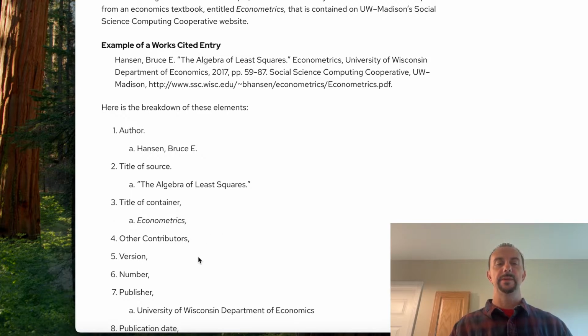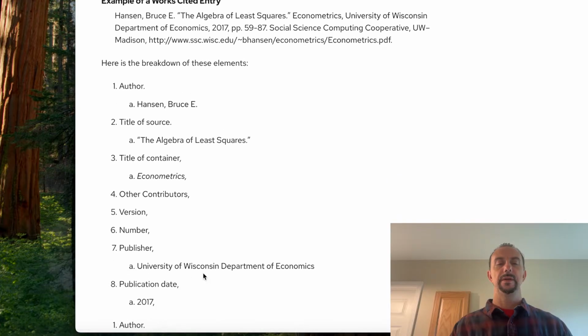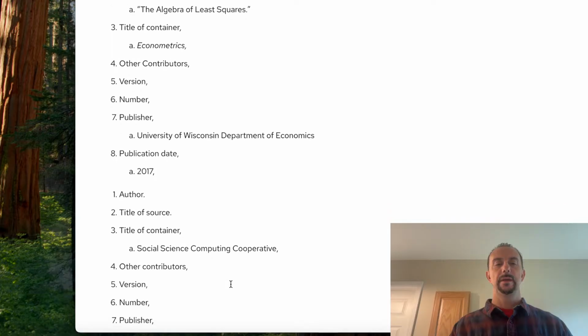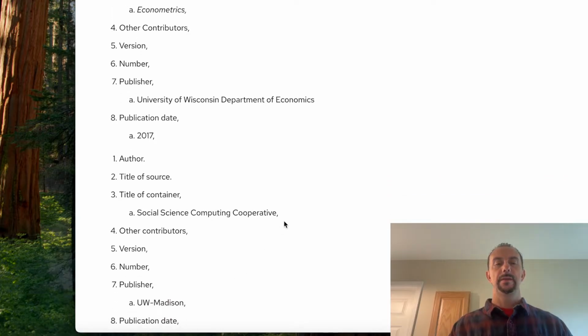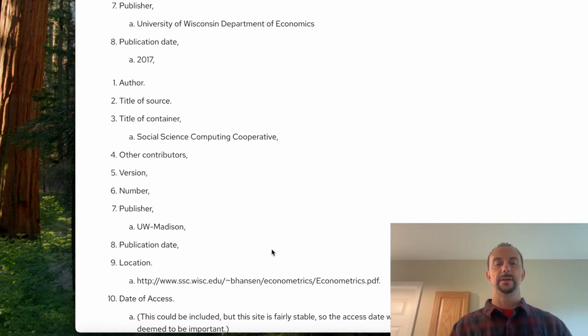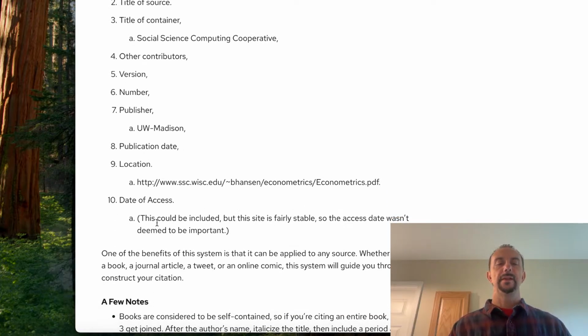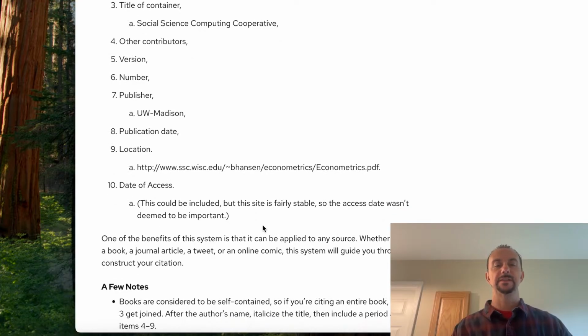There are no other contributors, there is no version, there is no number, the publisher, the publication date, the title of the container, the publisher, the location is the website link itself. Like I said before, the date of access: some websites come and go. So if it's a blog, for example, you might want to put the date of access, but if it's a university website, it's probably going to remain, so you don't need to put the date of access.